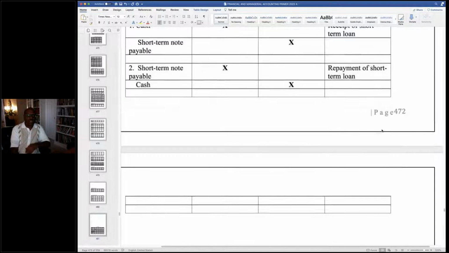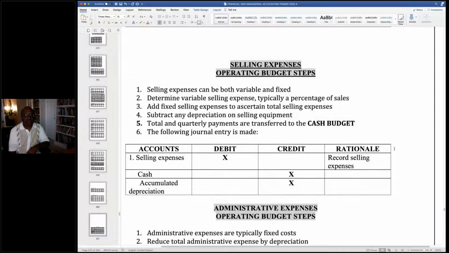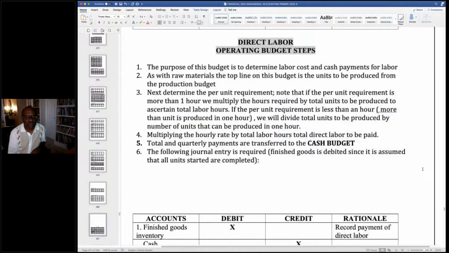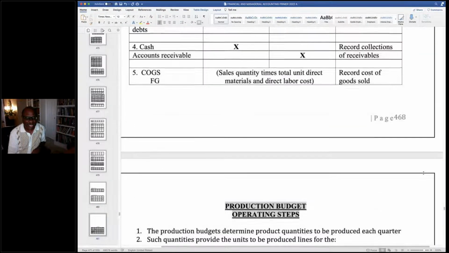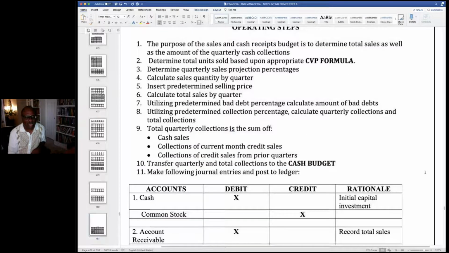So for each of these areas, you're told what to do. I did sales today.